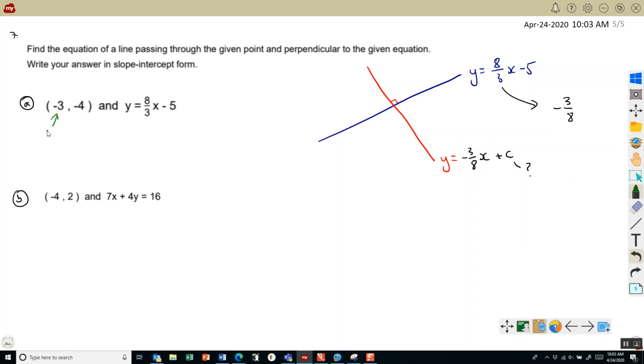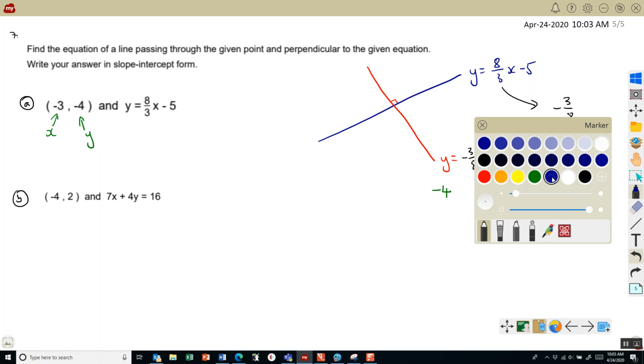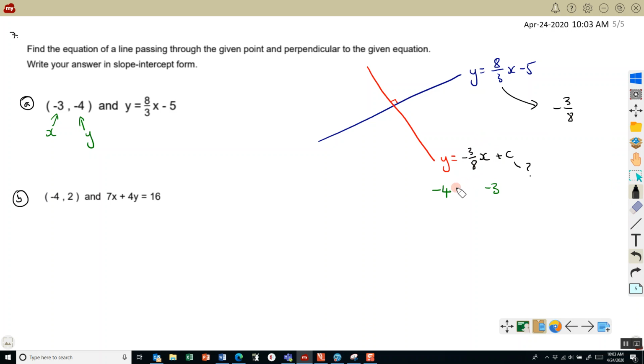So this is my x-coordinate. This is my y-coordinate. So I'm going to substitute that into this line to work out c. So y is negative 4. And x is negative 3. Okay, so I've substituted my point in.